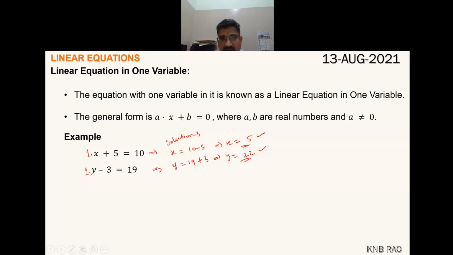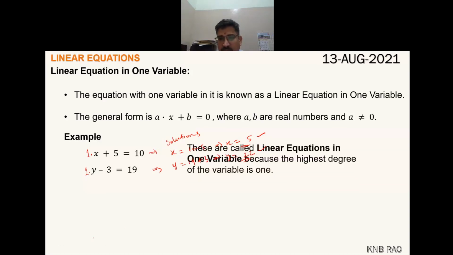Now, moving on to another important point. Read that point, but don't read loudly, just read in your mind. These are called linear equations in one variable because the highest degree of the variable is 1.